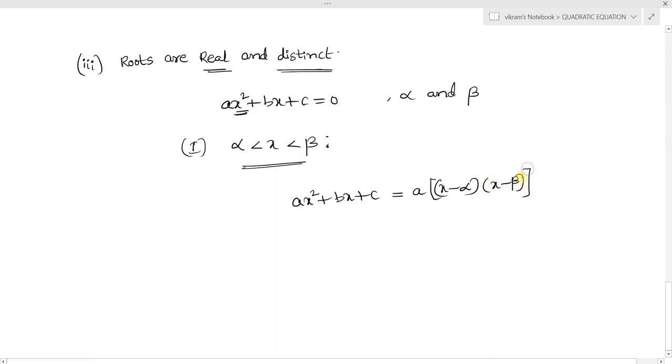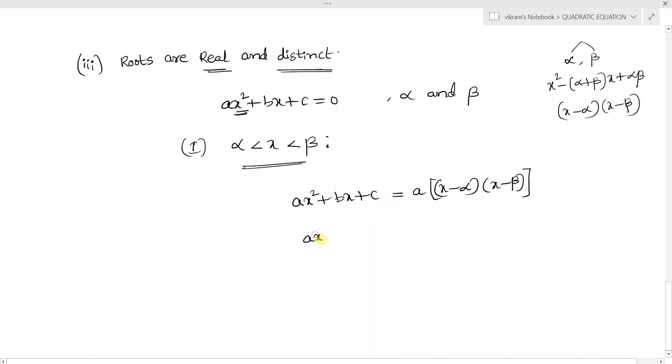I think this is well known to us. Any quadratic equation having the two roots alpha and beta can be written as x square minus the sum of the roots into x plus the product of the roots, which can be written as x minus alpha into x minus beta.